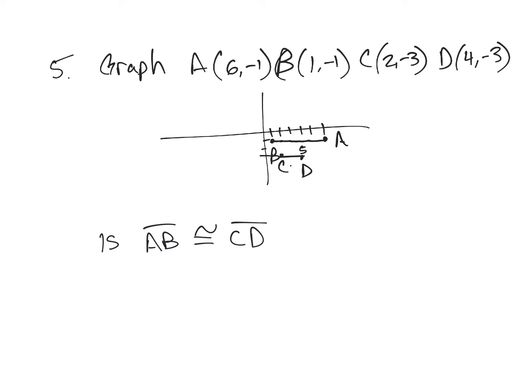So 1, 2. So AB is 5, CD is 2. No, they're not congruent. All right, look. You don't get any partial credit if you just say yes or no. You have to write the equation.